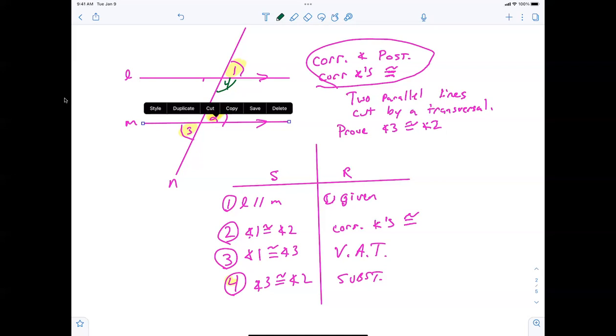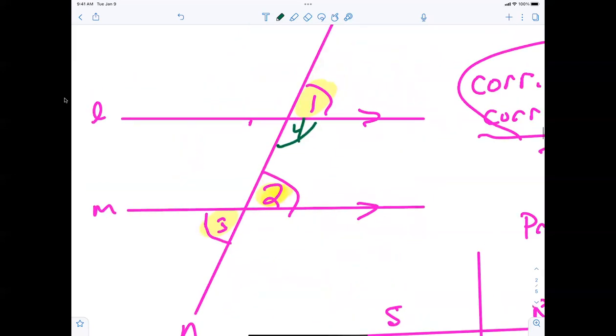Supplementary. Now, again, it's not really that big of a deal because anytime you have an obtuse angle paired up with an acute angle, we know it's always going to be what? Supplementary. Thank you. Add up to 180. If we have two obtuse angles, we know they're going to be what? Congruent.